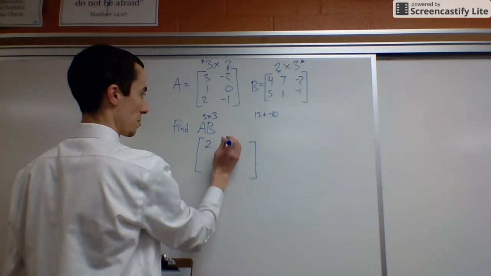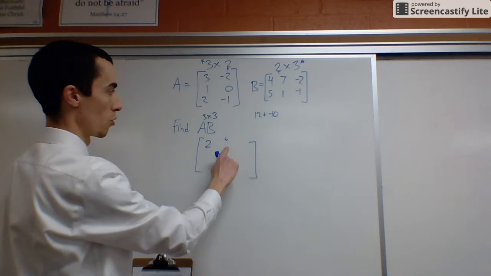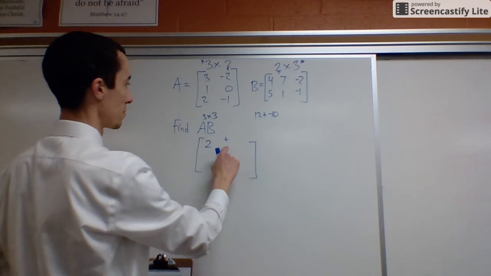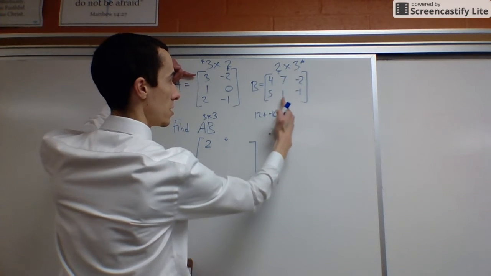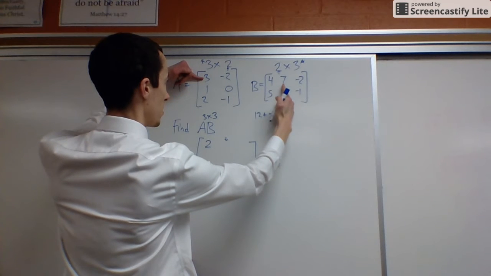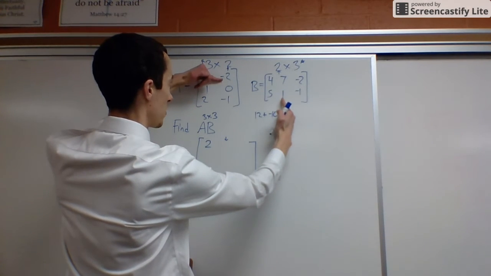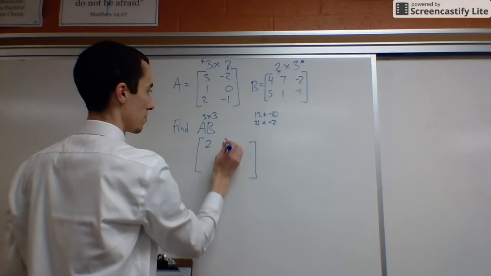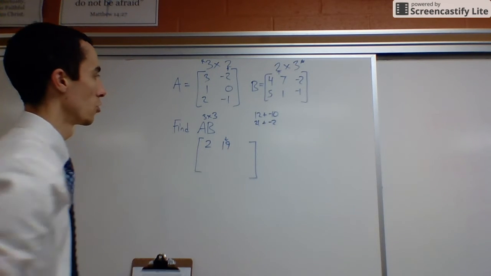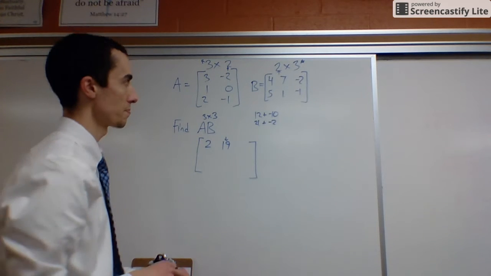Next, I'm going to look in this spot, row 1, column 2. So we do row 1, column 2: 3 times 7 plus negative 2 times 1, which is 19. So we put that in row 1, column 2.